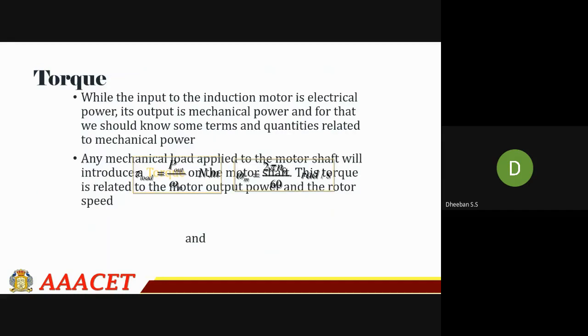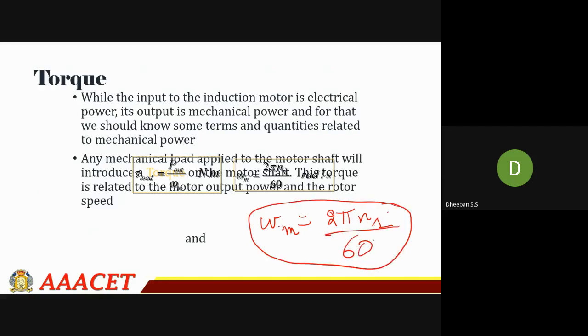Here is the torque equation they have given. Omega is equal to 2 pi Ns by 60. This is what your rotating speed involves. So your load torque tau will be equal to P out by omega m, that is, your output power divided by your rotating speed.